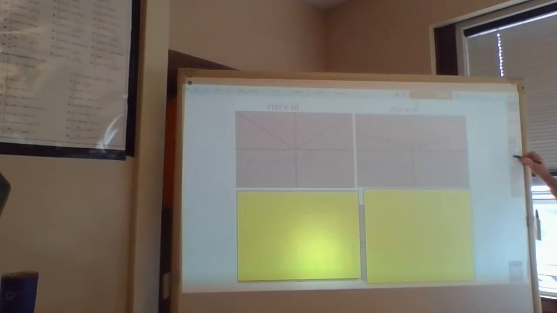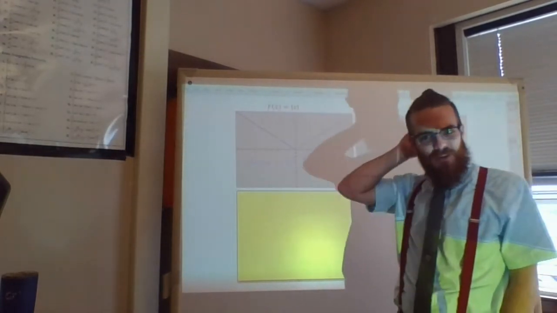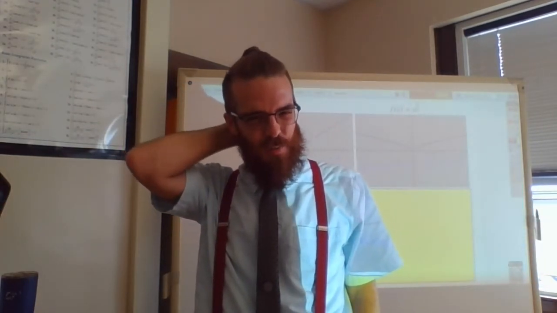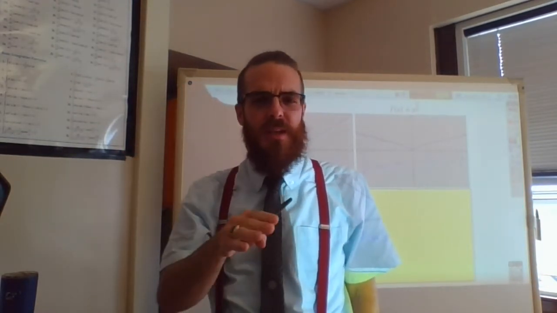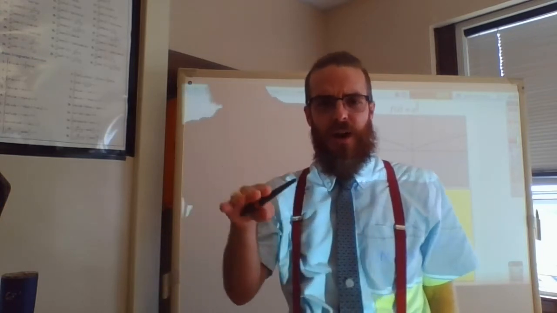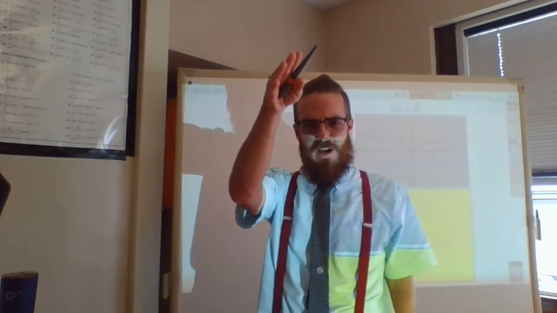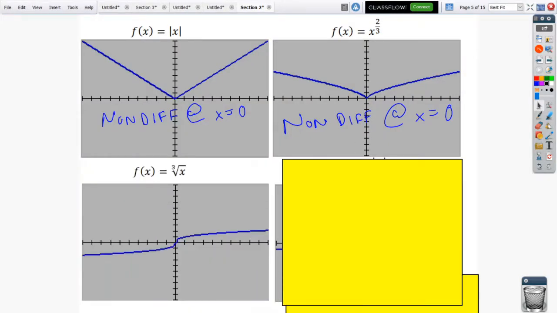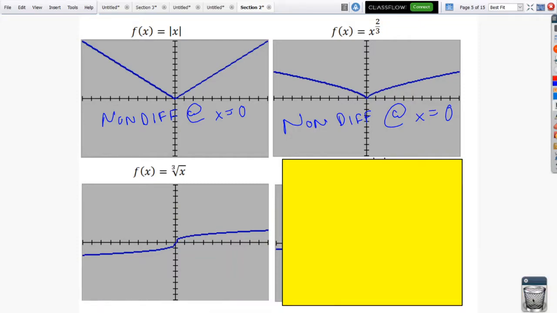The third category, a vertical tangent. We've seen horizontal tangents where the slope is 0. That's really how we figured out where the graph of the derivative changes from the positive side of the graph to the negative side of the graph. Vertical tangents are going to be like cube root of x, 5th root of x.